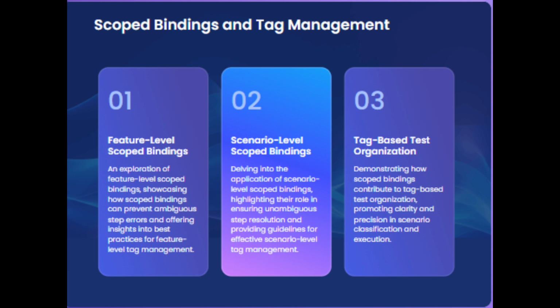Okay, so how do you leverage tags for test reporting? What happens when you use these tags, right? It enhances the test result analysis. How does it do that? Tags enable targeted filtering of the test results, allowing focused analysis of a specific category of scenarios and facilitating the extraction of actionable insights for quality improvement.